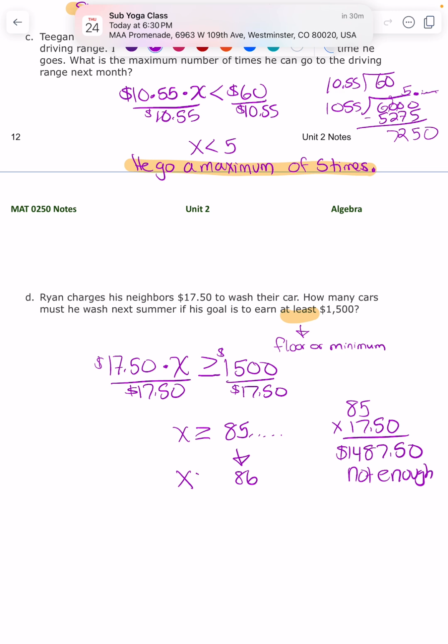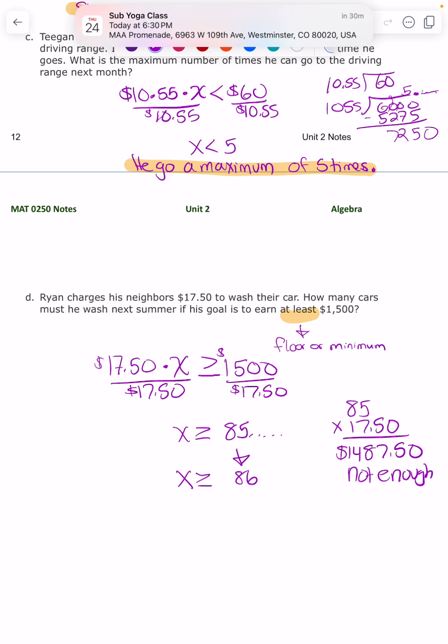So X actually has to be greater than or equal to 86. He can't wash a car 85.9 times. It's either 85 times or 86 times. So if he does only 85 times, he doesn't make enough money to earn the 1,500. But if he does one more, then he'll make the 1,500.